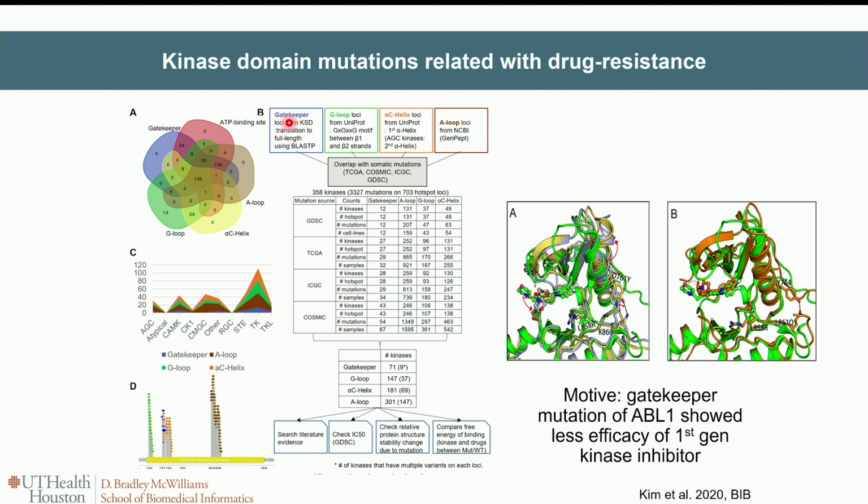Those mutations can be located in the gatekeeper loci, the G loop, the alpha C helix, or the A loop. This kind of point mutation can change the drug response. So from there, I got this idea.